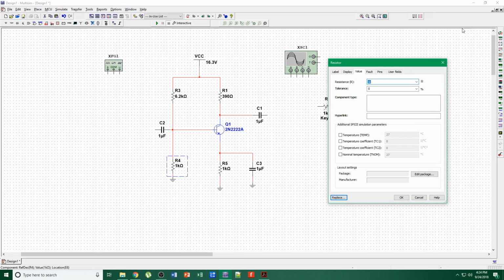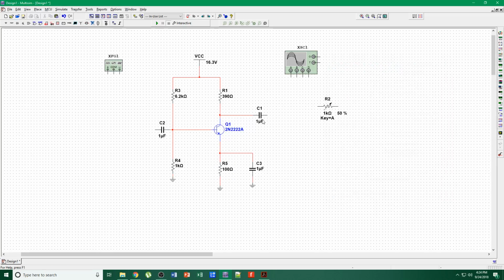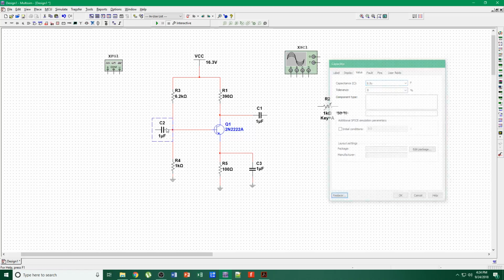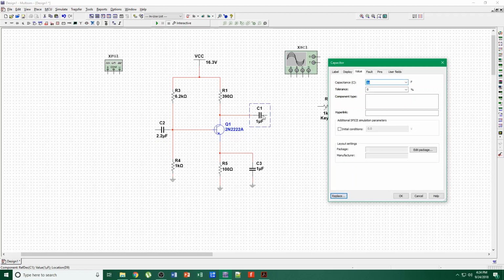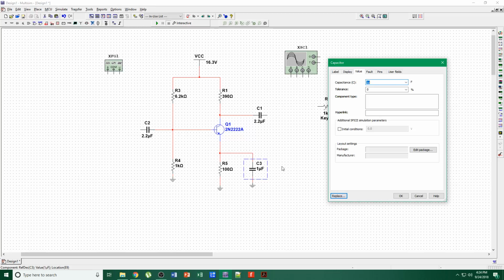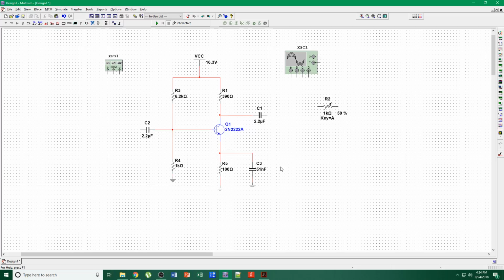Here is 1K. And this is at 100 ohms. This is at 2.2 microfarad. And so is this. This I measured at around 51 nanofarad, which exists, so I will write 51 nanofarad.